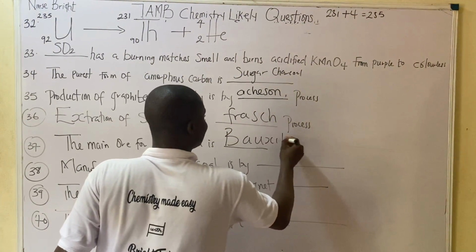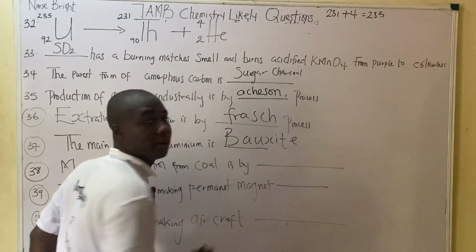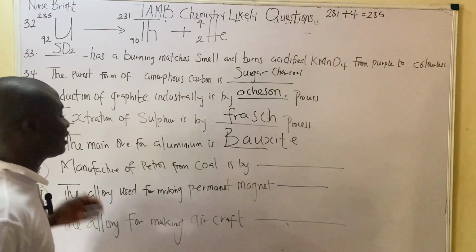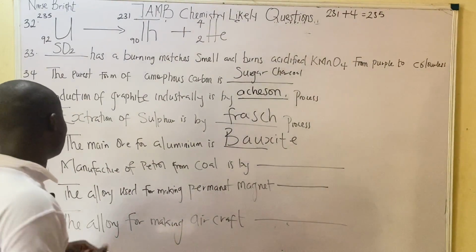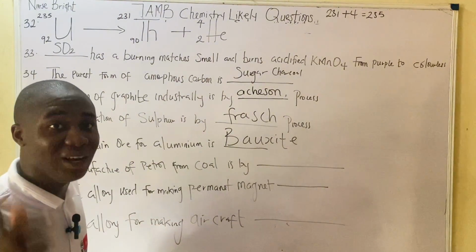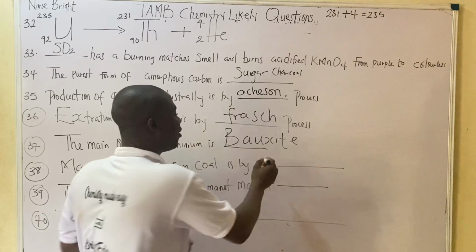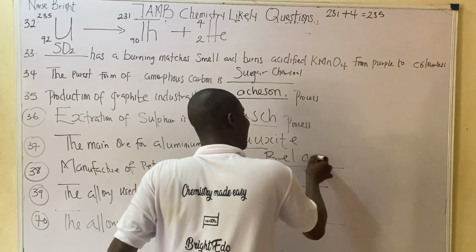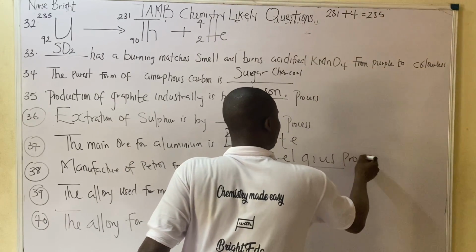This must be noted. The next question is 38, and it says manufacture of petrol from coal is by a process called the Bergius process.